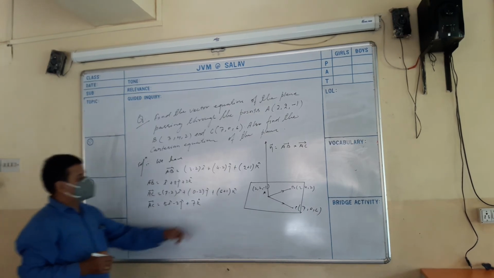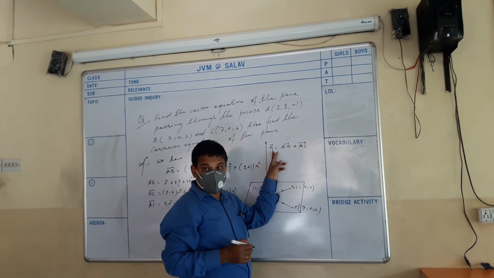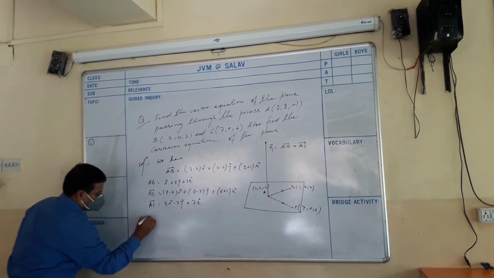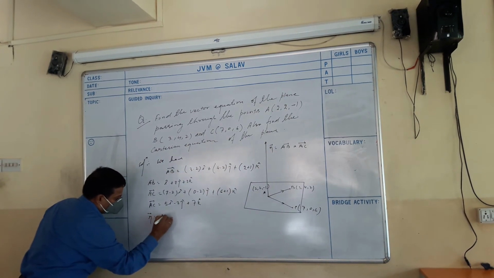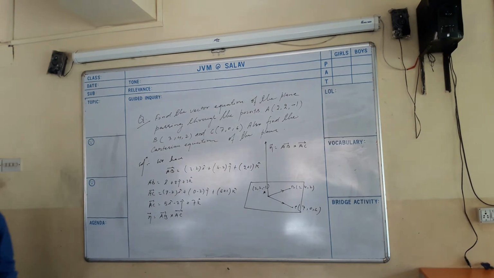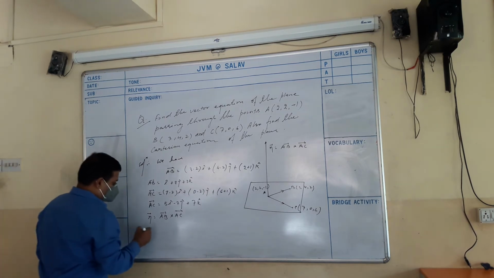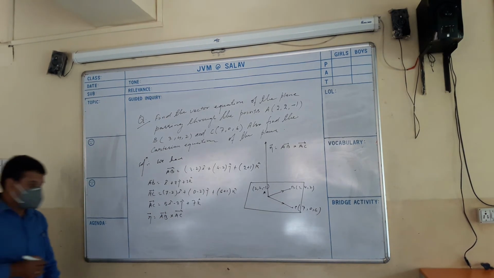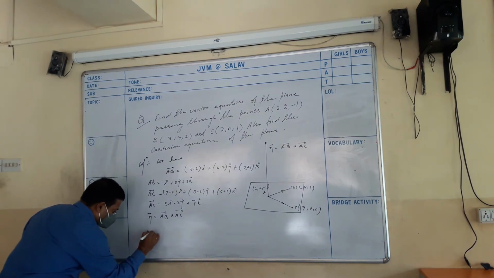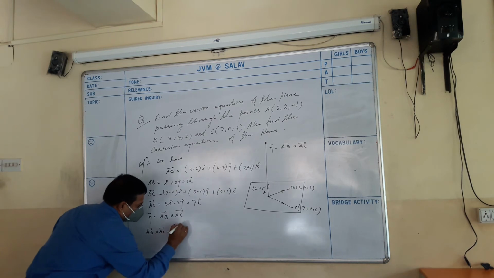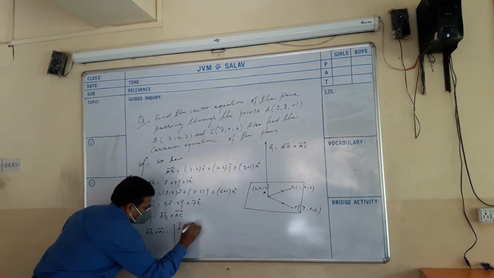So now we have to find the normal vector n. The normal vector n is equal to vector AB cross vector AC. Clear? So AB cross AC is equal to the determinant with i, j, k.